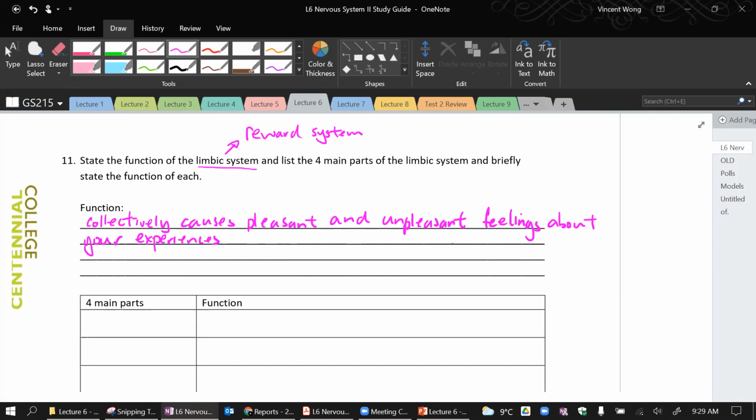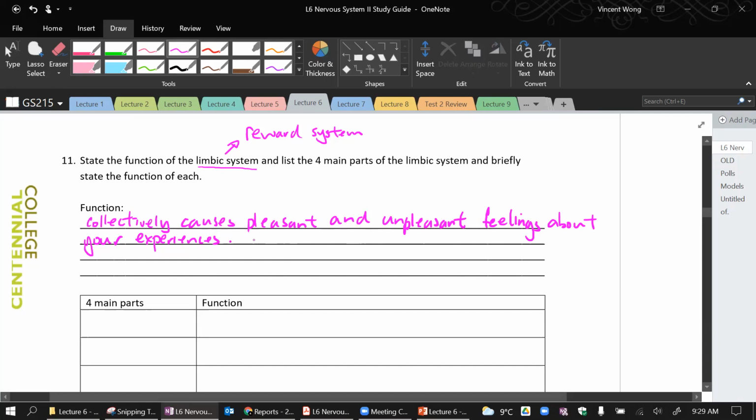So the limbic system is going to screen all these encounters and experiences you have, and then the limbic system uses these memories, the pleasantness and the unpleasantness of the encounters, to guide a person's behavior.